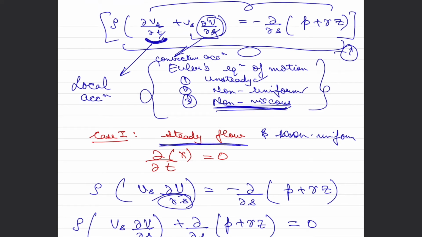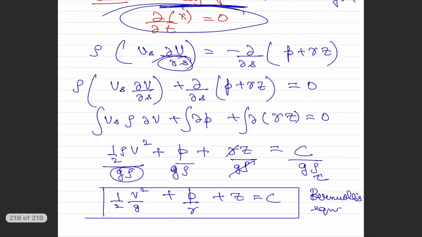But here the special case is that we have eliminated the term where local acceleration was accounted for, and hence we would widely use this particular expression in open channel flow wherever we have a steady flow condition being met.